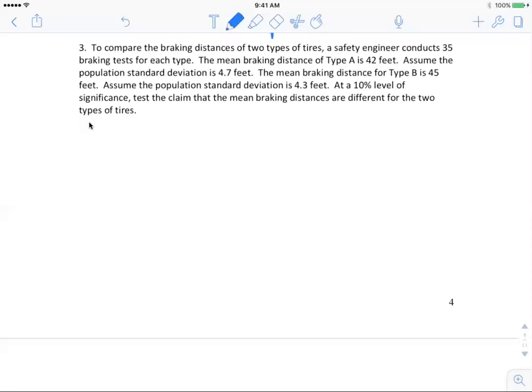Okay, so that's an N, right? But we have 2 separate N's. So to denote that, I'm going to do an N sub 1, and then an N sub 2. I mean, both are 35, but sometimes they're different.